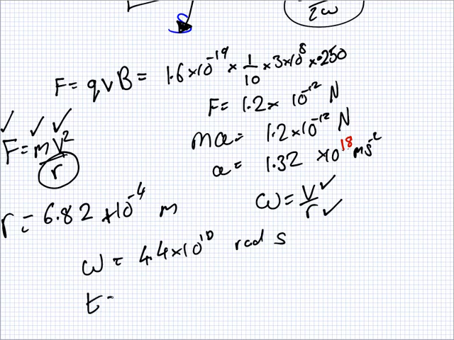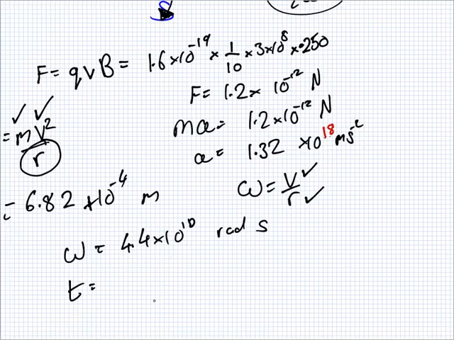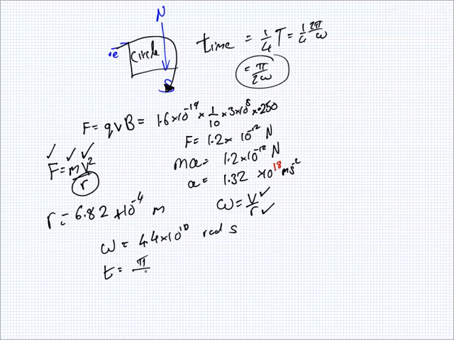So then the time, what do we say? It would be pi over 2 omega. How do you find the omega from the radius? The velocity divided by the radius, which we just worked out. So the time will be 3.57 times 10 to the minus 11 seconds.